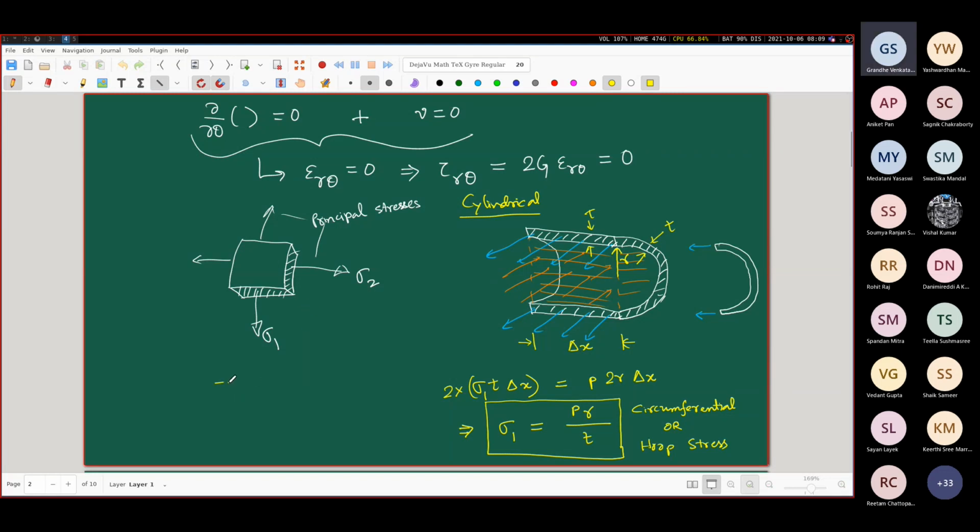So this is my question. This tau, some subscript, is equal to 0 on this plane. Okay, so I'm talking about this kind of a shear stress. What is tau theta?